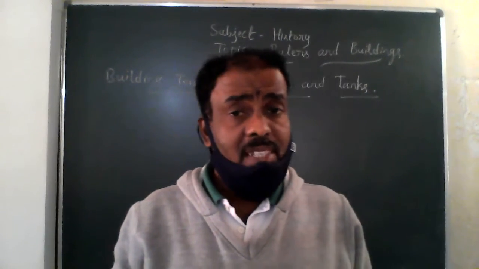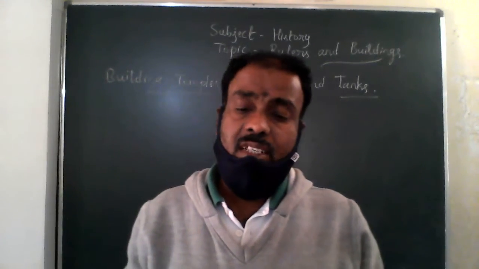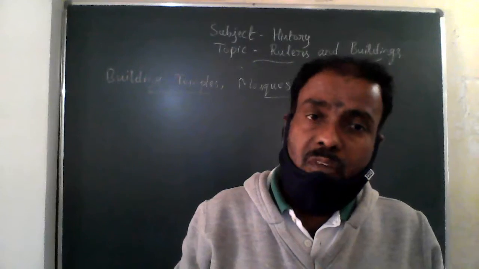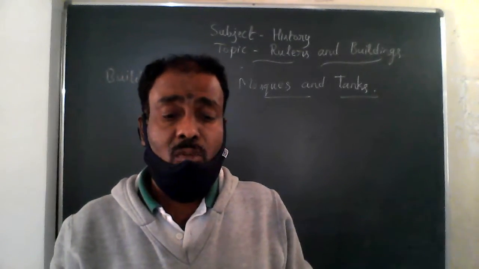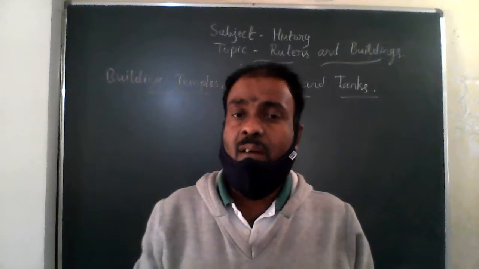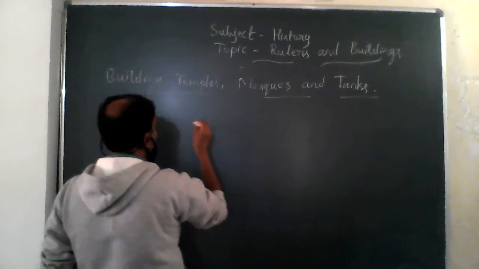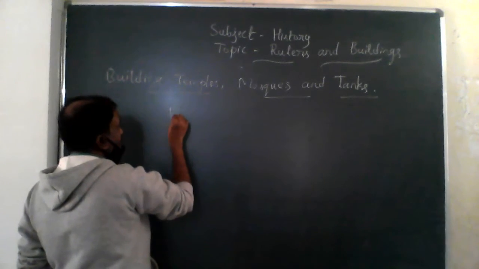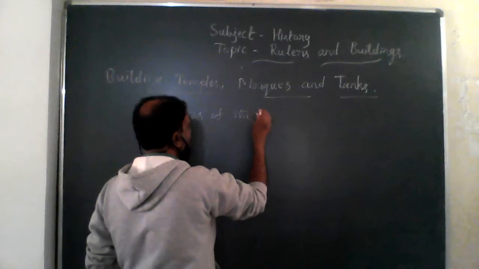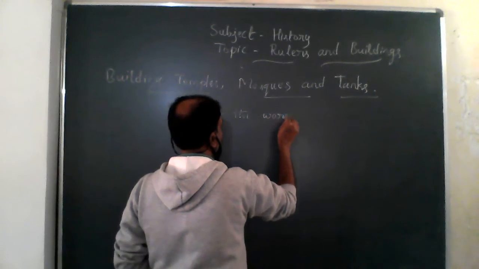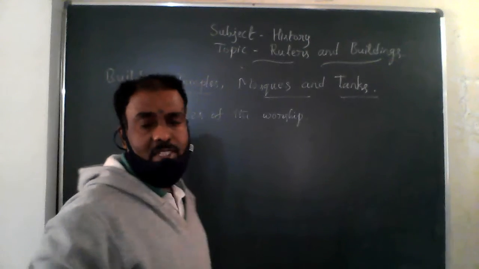Temples and mosques were beautifully constructed. All of you know why they were beautifully constructed. Because they were places of worship for the different religious communities.